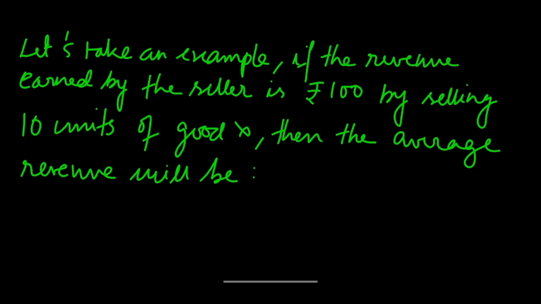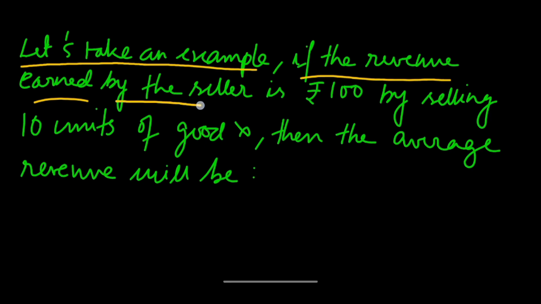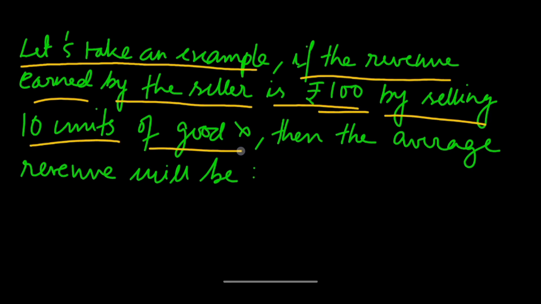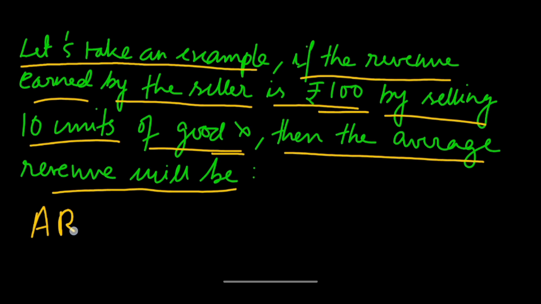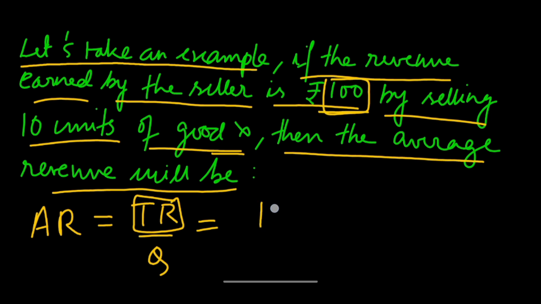Now, let's take an example. If the revenue earned by the seller is rupees 100 by selling 10 units of good X, then the average revenue will be: first, we write the formula of AR, which is total revenue divided by Q. Then we write the value of TR, which is 100, already given, divided by the quantity of units sold, which is 10.